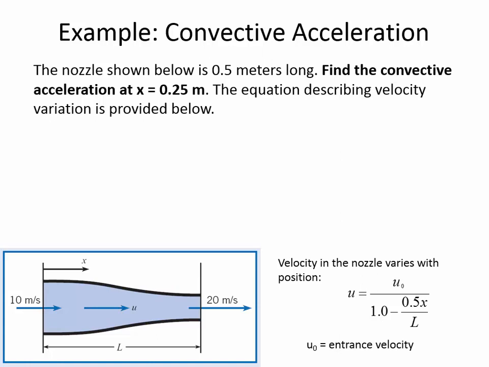We've got a nozzle, the same one we saw before, and the length of the nozzle is 0.5 meters. So that's L, 0.5 meters. We want to find out here at the middle of the nozzle, what is the acceleration, the convective acceleration. And so for convective acceleration, we're not talking about changes with respect to time. We're talking about how the velocity changes with respect to position.